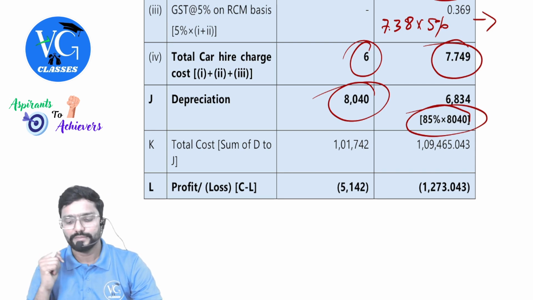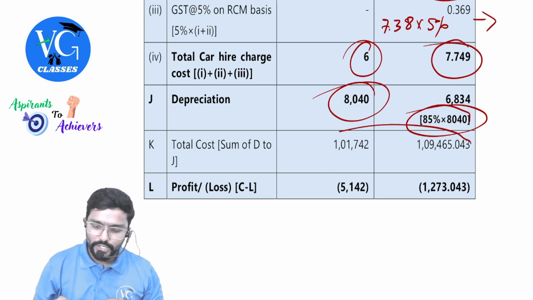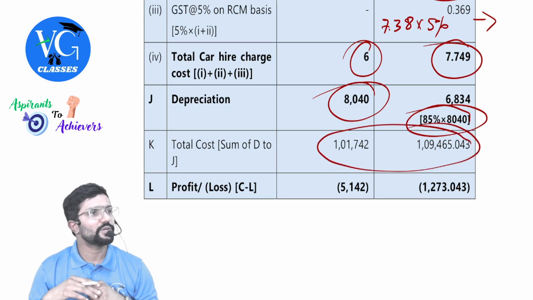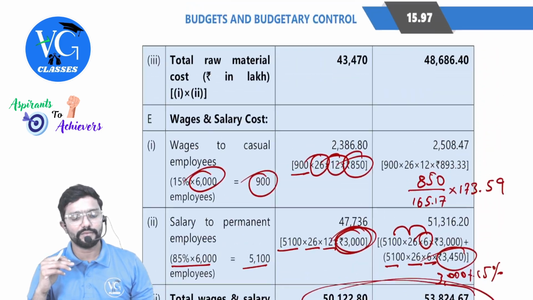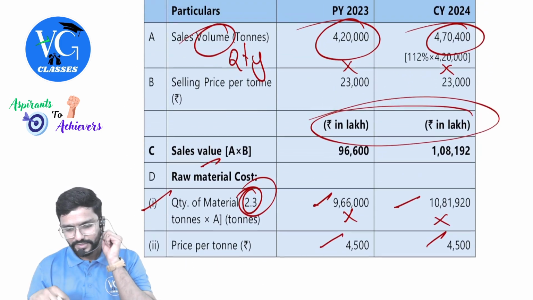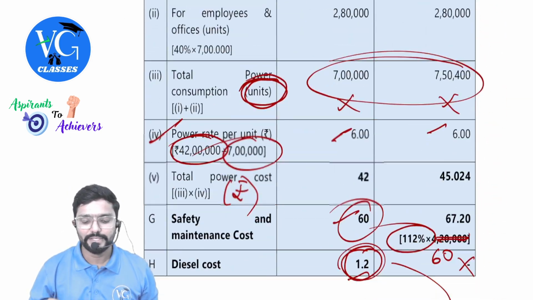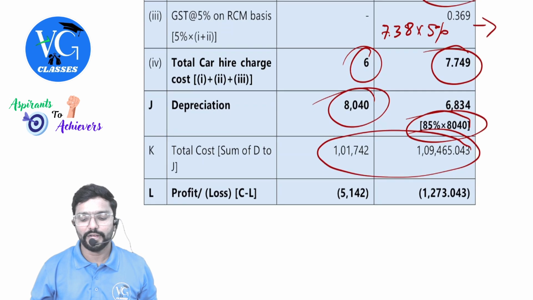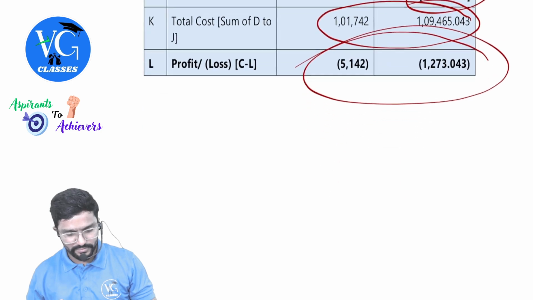That is 85%. 6834. So we got total cost. Total cost deducted from sales. Sales is somewhere on the top. So sales minus cost will give you profit or loss. Both loss only. Very good performance.